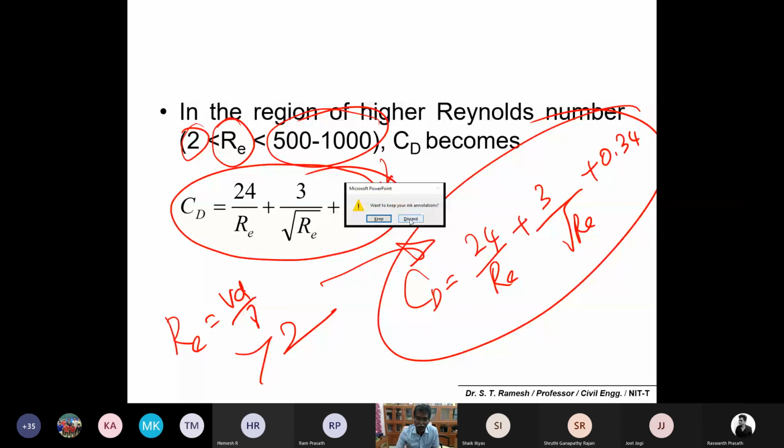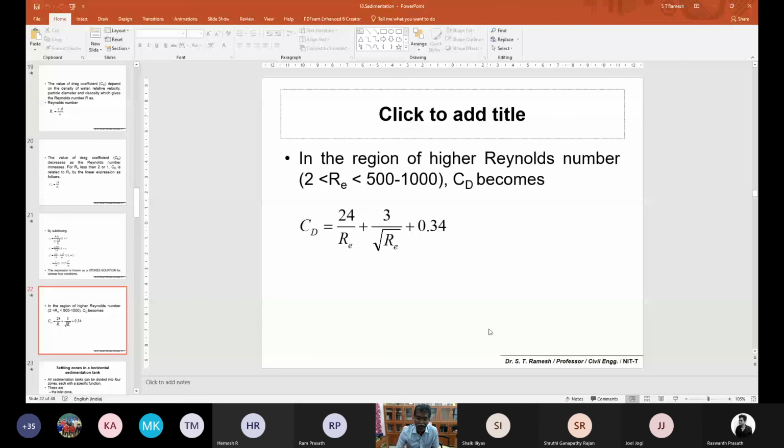You have to be familiar with what a discrete particle is and how to derive the settling velocity equation using the Stokes formula. You equate the impelling force to the frictional resistance and substitute the values for CD and Re to get the Stokes equation. If it is other than laminar flow, you correct the CD value using the CD correction equations. That's all. Let me stop here.